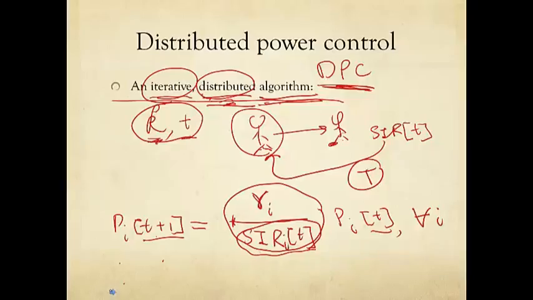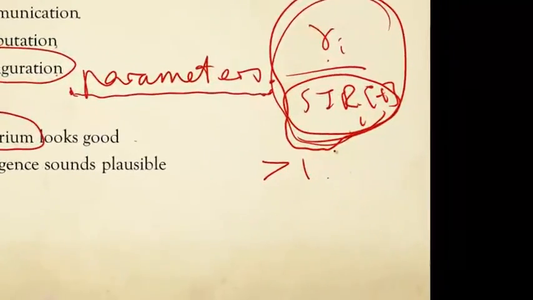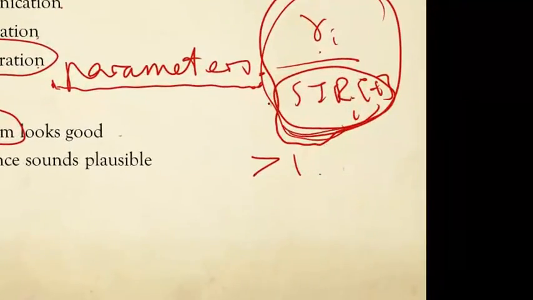All right. So the question is, will you ever get to equilibrium? Will you ever stop? Let's think about that. That's actually not trivial, right? You think, oh well, if my current SIR is lower than my target, this gain parameter is bigger than 1. That means my next transmit power will be bigger. Well, that will help me presumably lift my SIR next time closer to gamma.